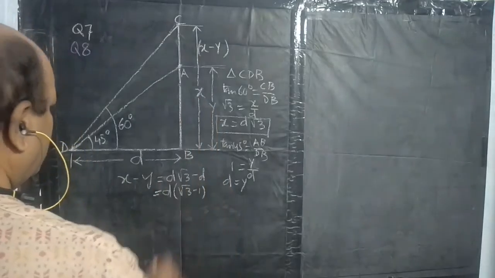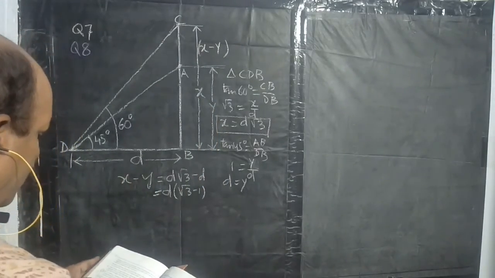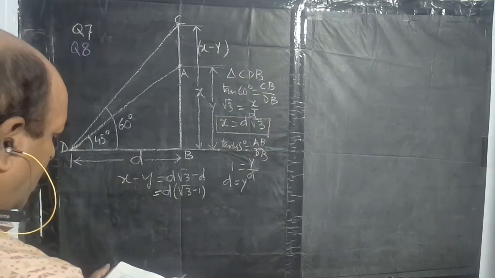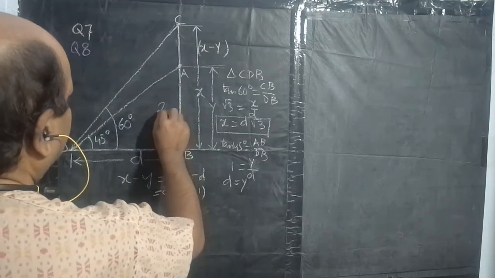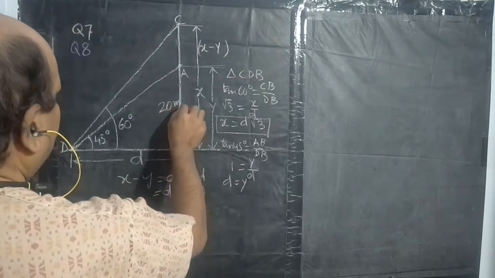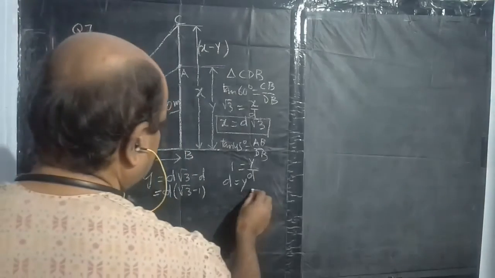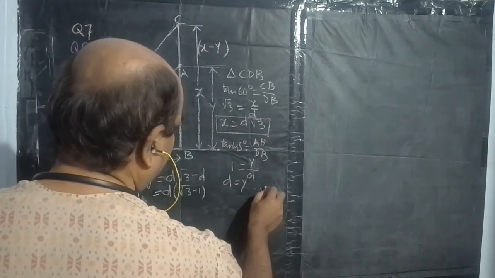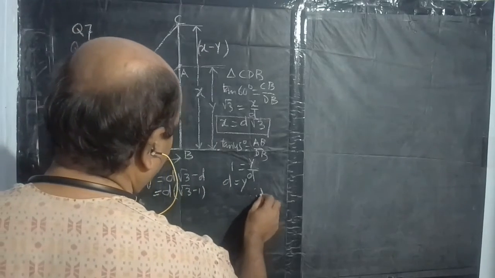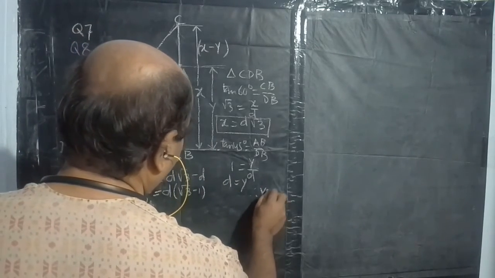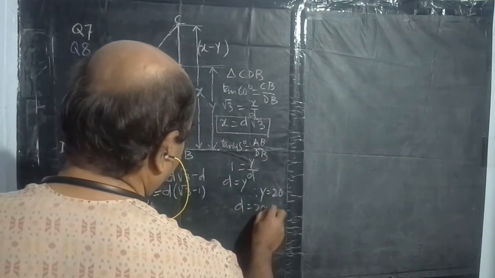And in the problem you see, lastly it is telling, on the top of a 20-meter high building. AB is the building and this is given as 20 meter. See, this value I am putting at the last. So here Y is equal to 20 meter, so D also is equal to 20 meter.